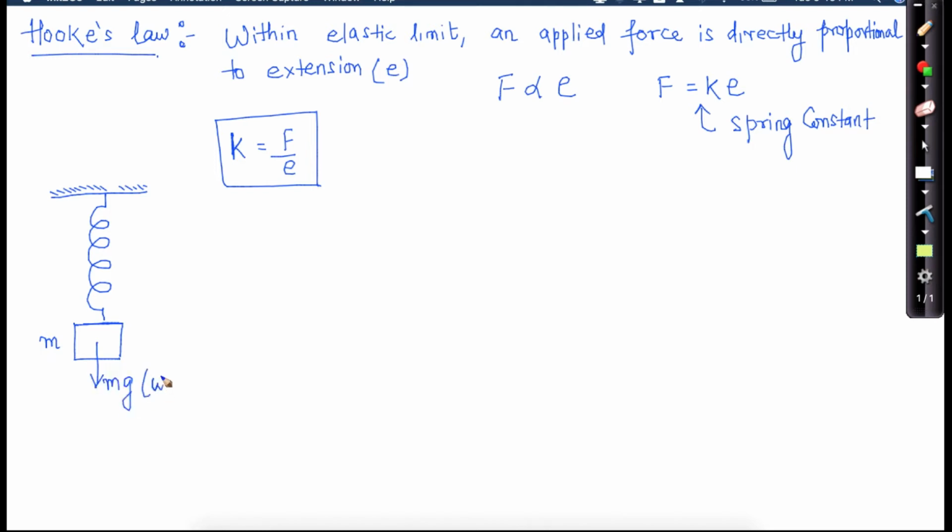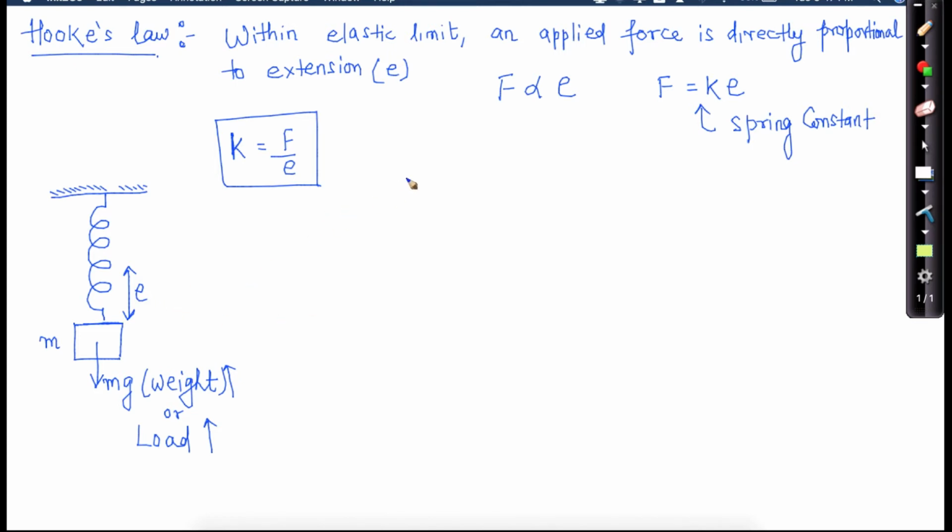Basically that's a weight. Or sometimes the authors use the word load also. So weight or load, both are the same thing. If you keep on increasing the load or the weight, you can see there is a change in the extension, and that is within the elastic limit.